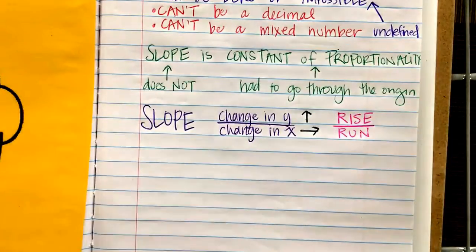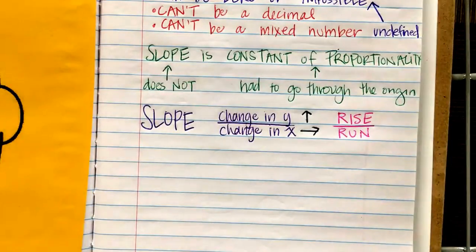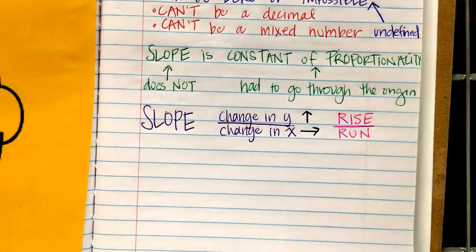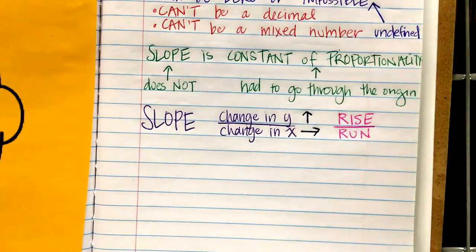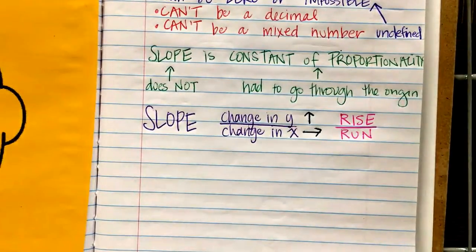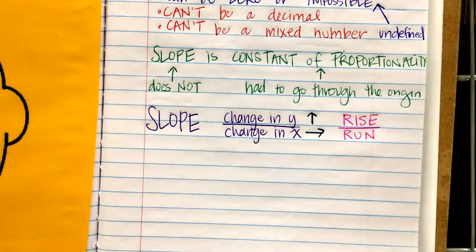Rise over run. Because rise means to go up, vertical, and the run of a graph is the horizontal. Vertical over horizontal. Rise over run.